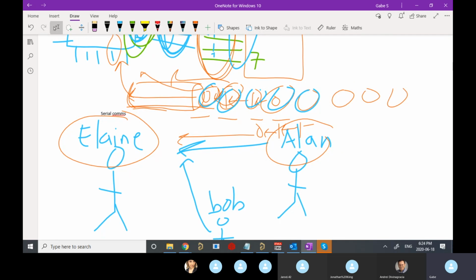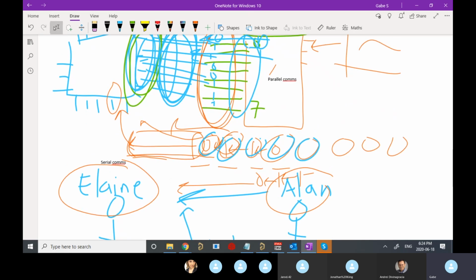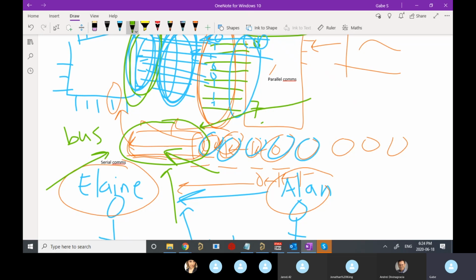That people use often, usually for like a communication channel or like a tunnel. So usually they'll call this tunnel that information is flowing through a bus, especially if multiple people can contribute to this communication and talk amongst each other.